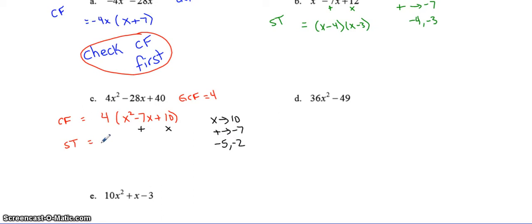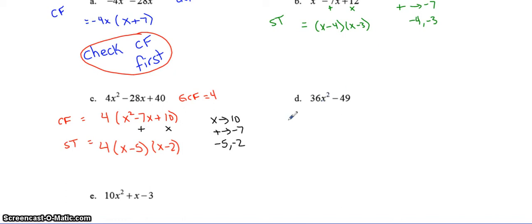So those numbers, you still have to keep the 4 on the outside, but the negative 5 and the negative 2 go straight into the brackets. So again, as soon as you see a question, before you decide whether it's a simple trinomial, a tricky trinomial, a difference of squares, or whatever, common factor it first. That should always be your first step.